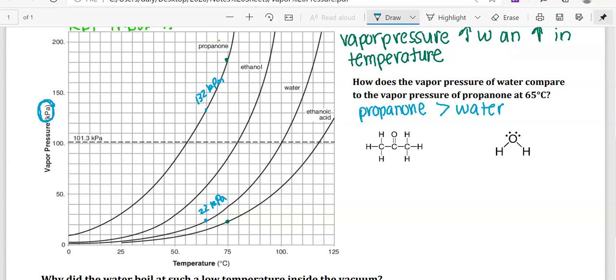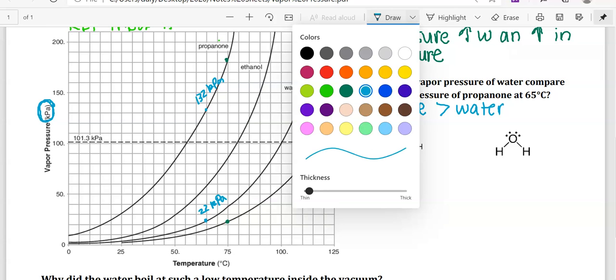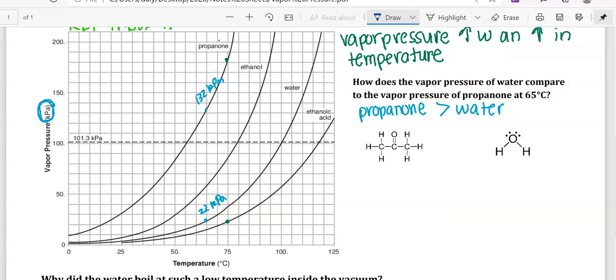And so what does that mean? Again, think back to that definition. That means that propanone is more likely to be a gas than water at that given temperature. Let's tie this back to the structures of our two molecules. Why is it that propanone is likely a gas and water likely isn't? Looking at the structure of propanone right here, notice that our structure is symmetrical.